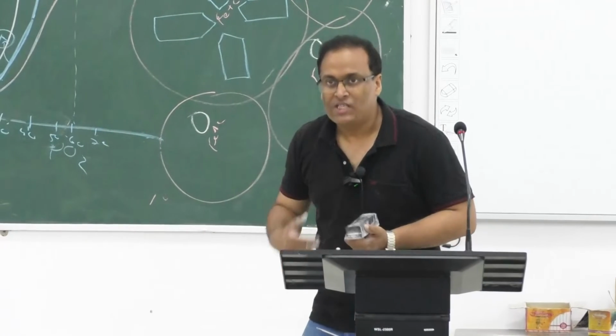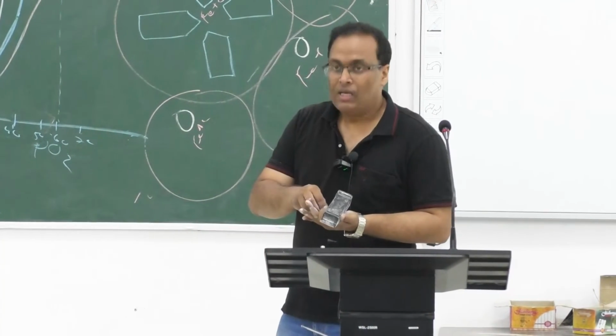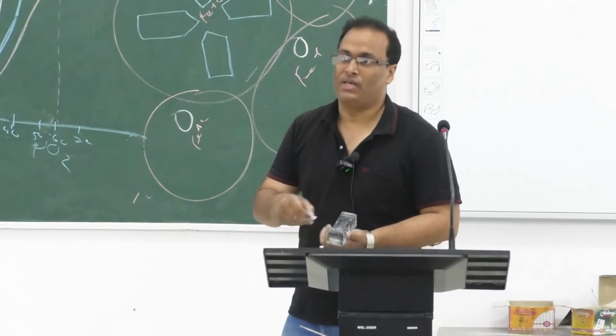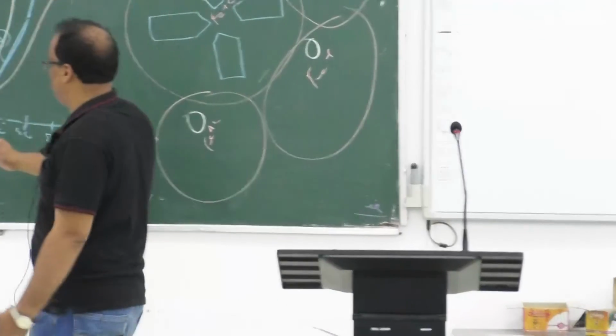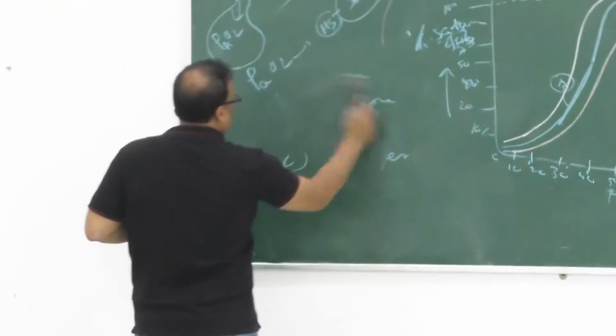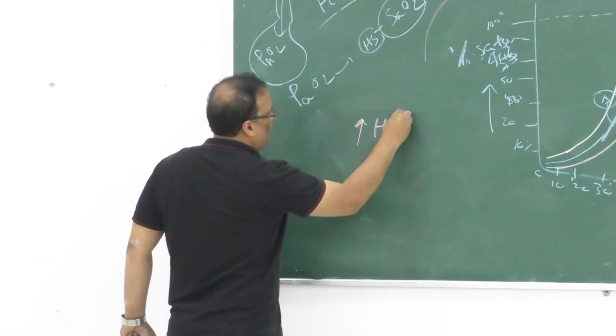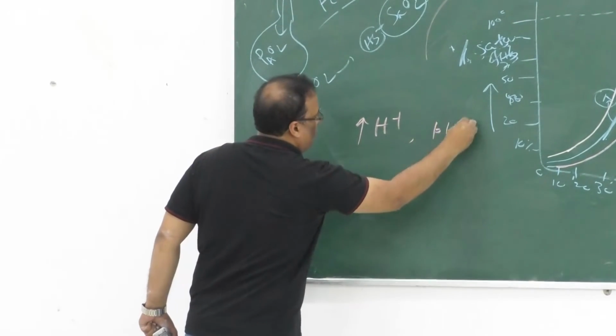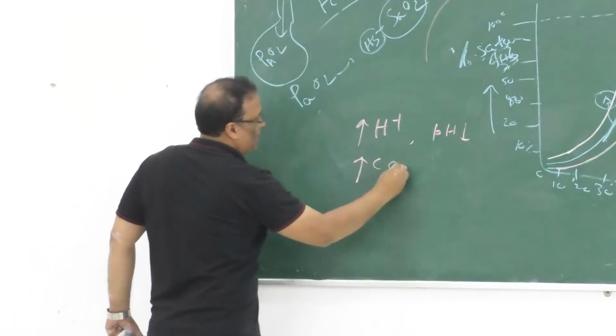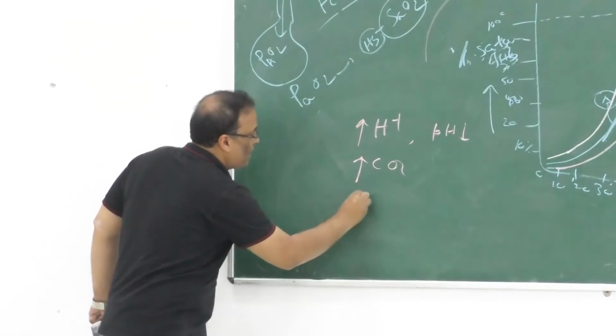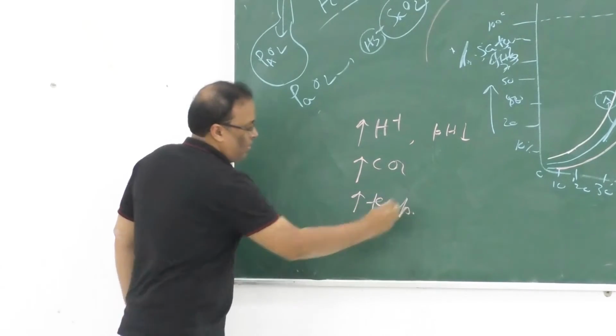What does exercise mean? ল্যাকটিক অ্যাসিডোসিস ফর্মেশন, কার্বন ডাইঅক্সাইড ফর্মেশন. তাহলে কি হচ্ছে? প্লাস আয়ন বাড়ছে, তার মানে পিএইচ আমার কমছে, কার্বন ডাইঅক্সাইড বাড়ছে, টেম্পারেচার বাড়ছে, এক্সারসাইজ করেছি তো, মেটাবলিজম শুরু হয়েছে.